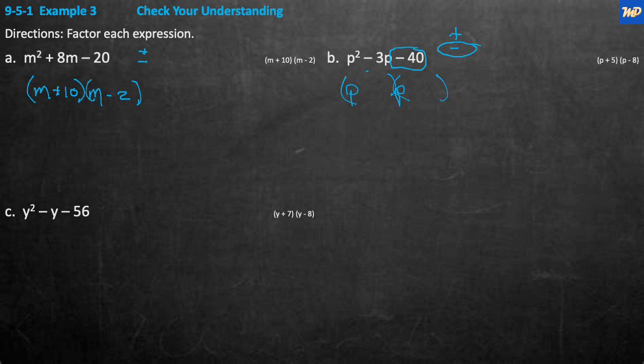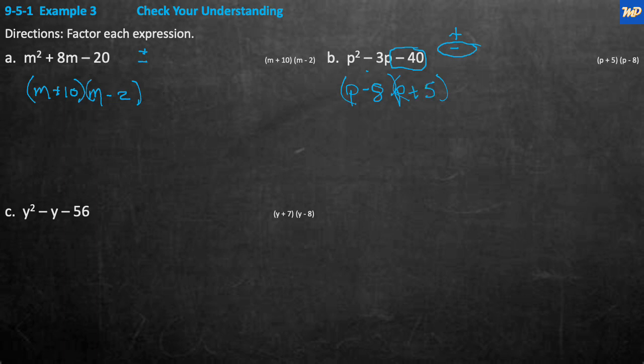So what are those terms? Well, it's not 40 and 1. It's probably, let's see, 8 times 5 is 40, and 8 and 5 gives us 3. So we need a negative 8, because the 8 is larger than the 5, and a positive 5.